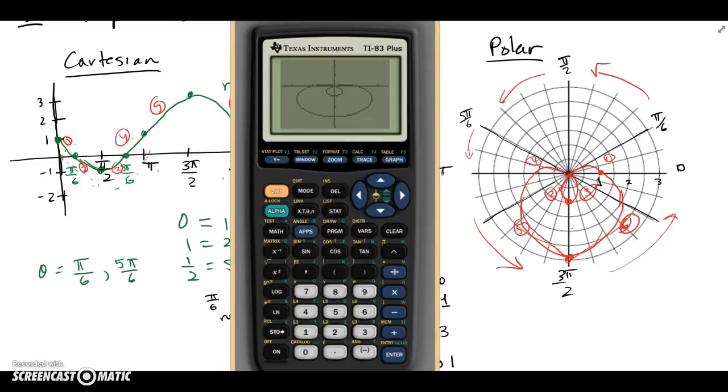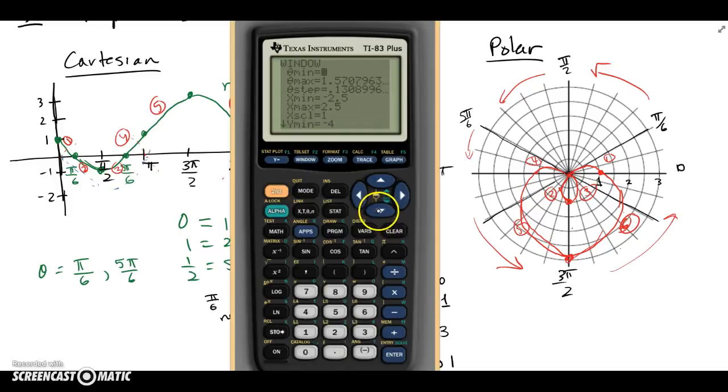Another thing I want to show you is that you could go to window and say, alright, let's see what happens from 0 to, let's say, pi over 2. We'll put pi over 2, and we'll push graph. And notice the only pieces that developed from 0 to pi over 2 were piece 1 and piece 2, which we had here. So you could use your TI as a tool to also see how the pieces generate.